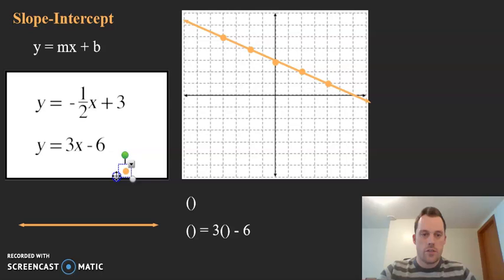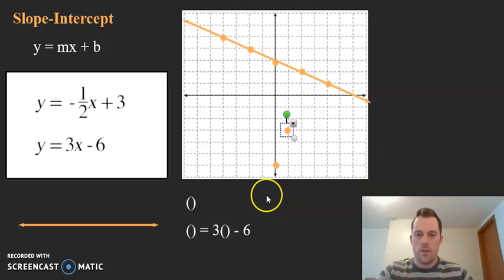I go to my y-intercept of -6, and my slope is 3. That doesn't give me a fraction for my rise over run, but if we turn 3 or any whole number into a fraction, it's going to be over 1. So 3 over 1. That means I'm going up 3 and to the right 1, or I can go down 3 and to the left 1.